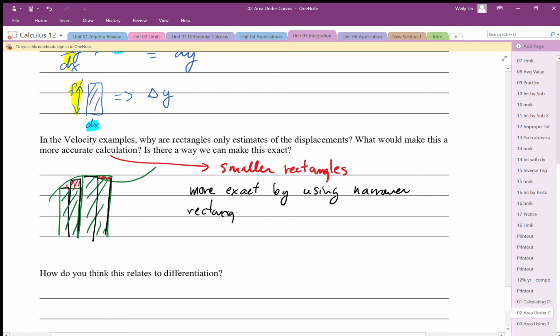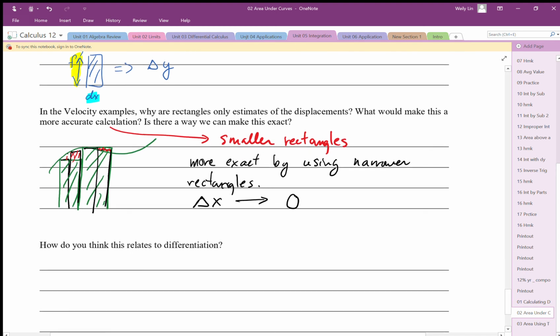What's the limit that we can go to then? How narrow can we go? Well, we want the width to essentially go to 0. But there's a problem: once we have 0 width, we have no area. This is a bit of a problem. But we did use a limit when we ran into the same problem with derivatives.